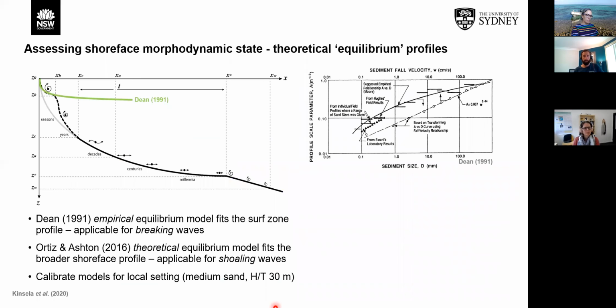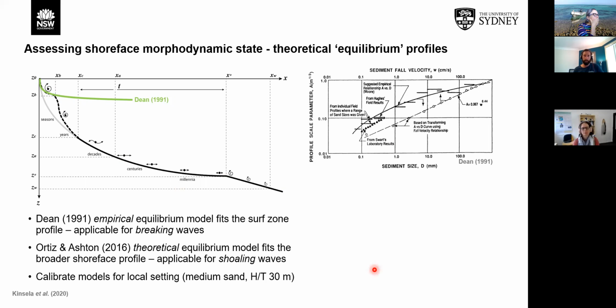What we found was the classic Dean model of an equilibrium shore face profile really only fits the surf zone in our setting. So if we apply Dean's model with an appropriate factor for medium sand, we get a nice fit of our surf zone profile, but it doesn't fit our broader shore face profile in any way.